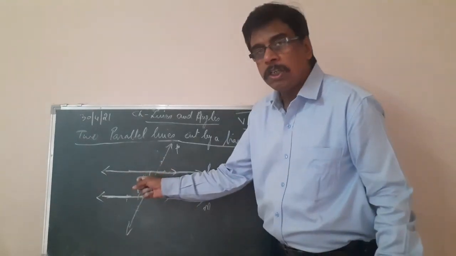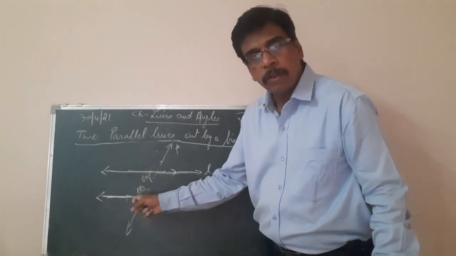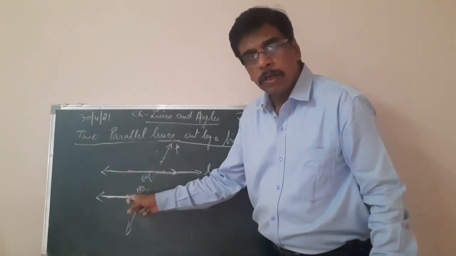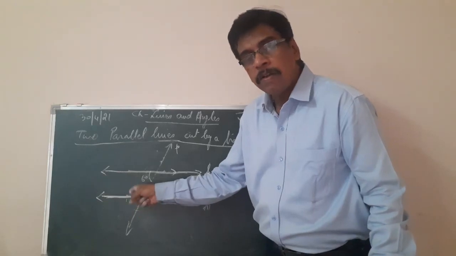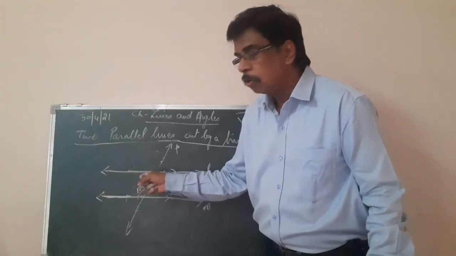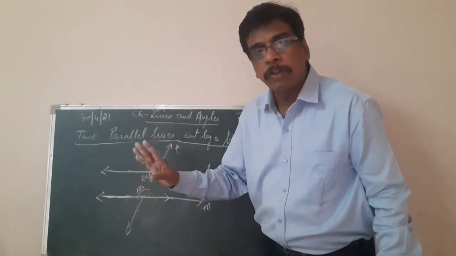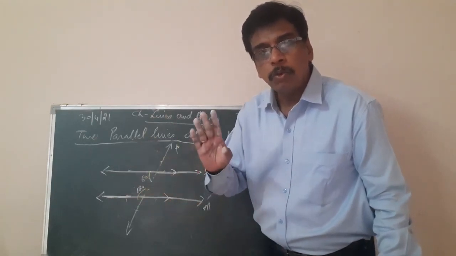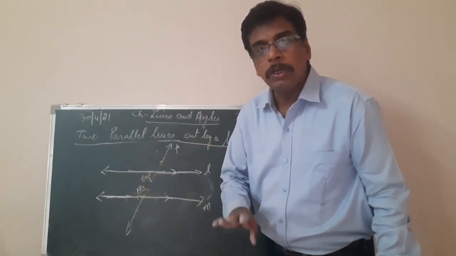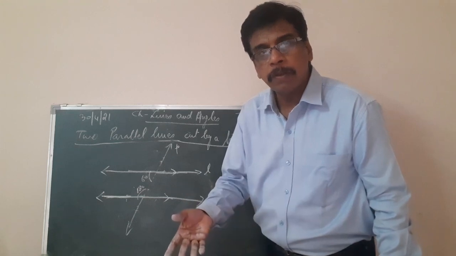Or if we know this is 60, we can find out this angle. 180 minus 60, 120. If we know this angle 120, we can find this angle 60 degree, co-interior angle. The sum of the co-interior angles is equal to 180 degree, or we can say co-interior angles are supplementary.